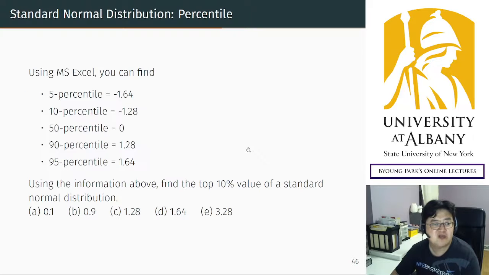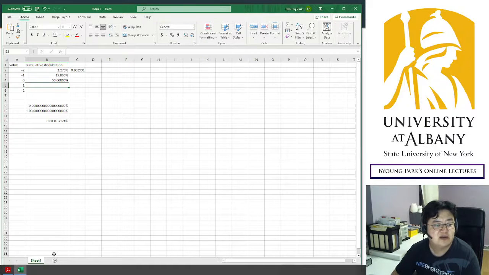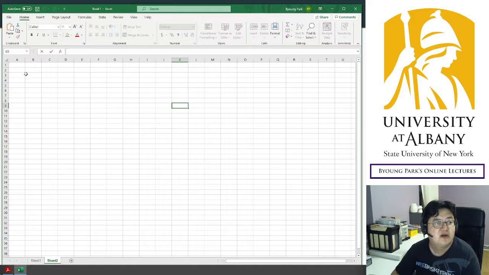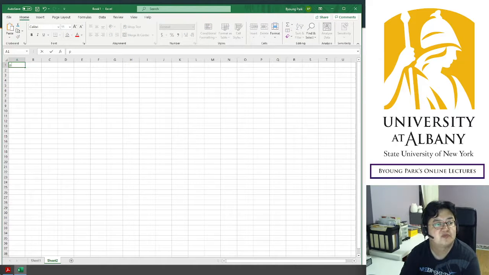And how can we calculate that? I will consider these percentiles on Excel. On Excel, I will use another tab, and I will calculate probabilities.